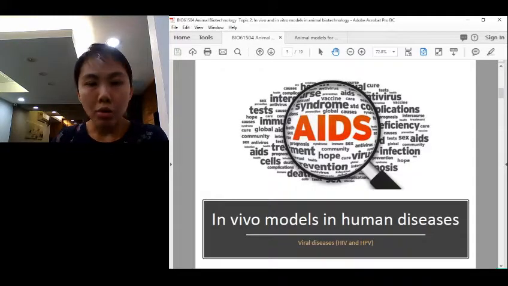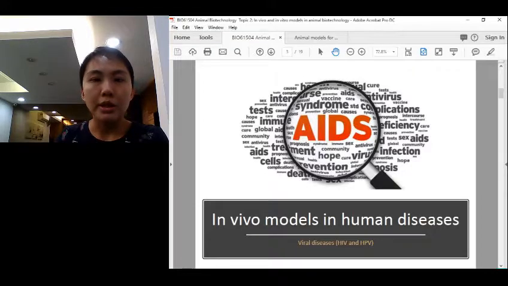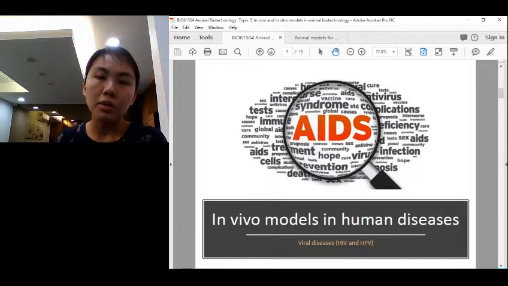You also need to understand the life cycle of the HIV virus. How do they establish the infections? And the pros and cons of the different types of models that we have compared in the table: the non-human primate macaque model, the murine model, and also the feline model for HIV disease.